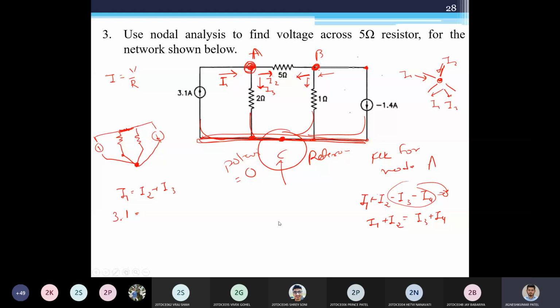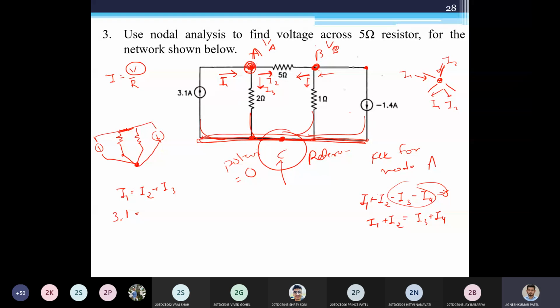So here we know that I is equal to V by R. If I know the voltage difference across this 5 ohm resistor, then I can easily write down the current flowing through that branch. So let us assume that node A is at some voltage, I will say that is VA, and this node voltage is VB.